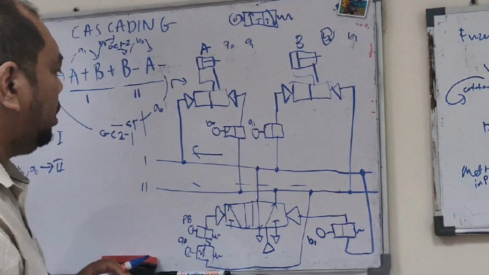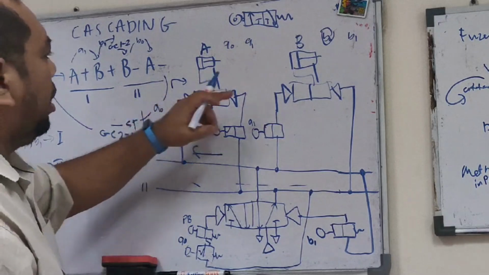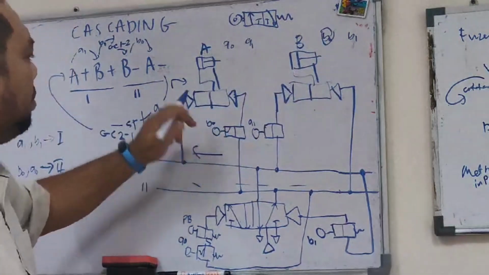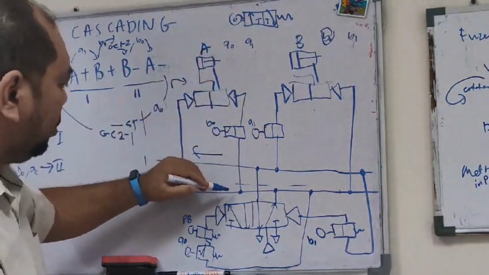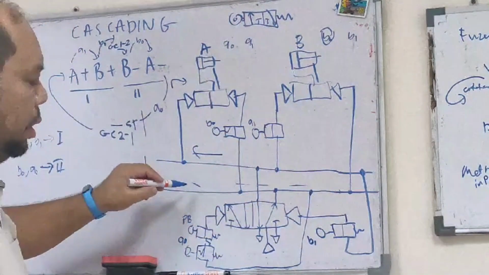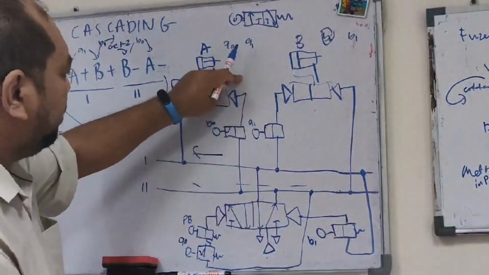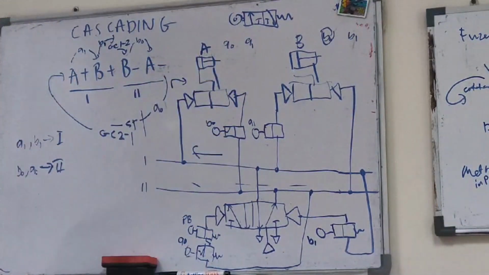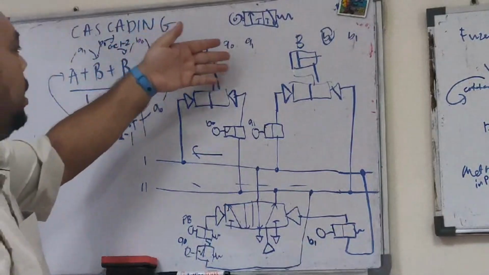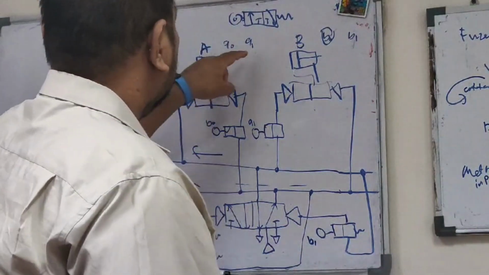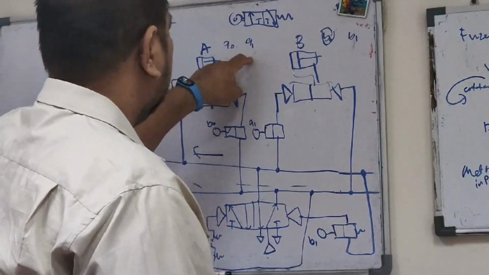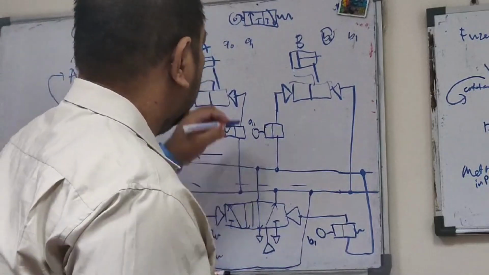A will extend. B0 is activated, but there is no power in group 2, because the power is in group 1. So there is no overlap at this point. So A extends, hits A1. So A1 is activated.